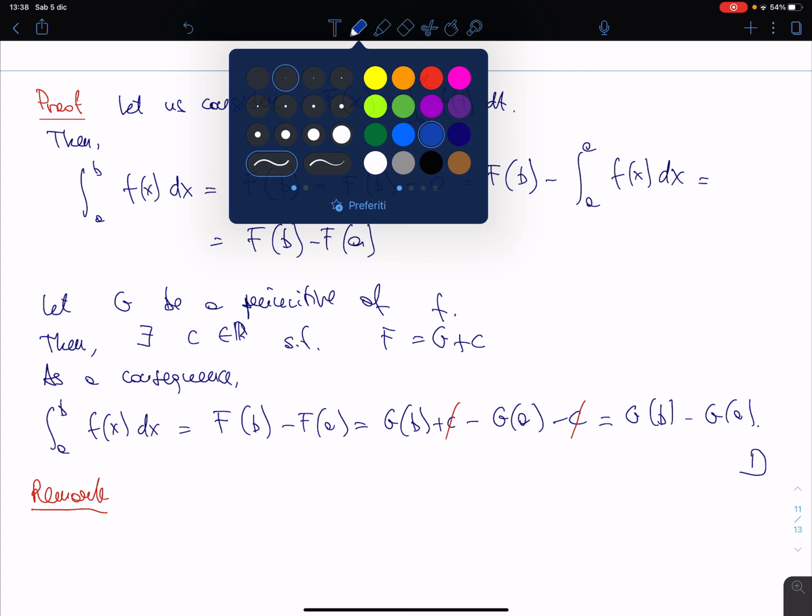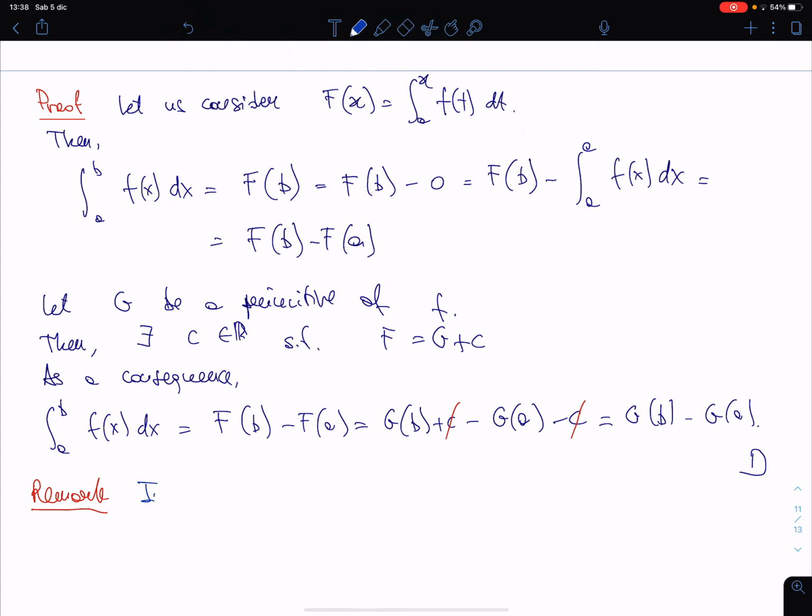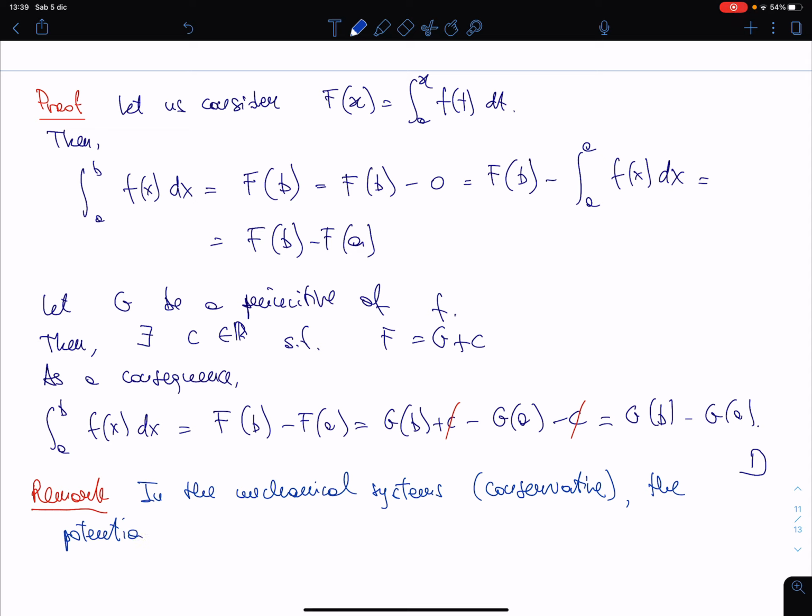You will see that in conservative mechanical systems, the potential energy, or in general the potential of a field, like the electrostatic or the gravitational field, is defined up to an arbitrary additive constant.